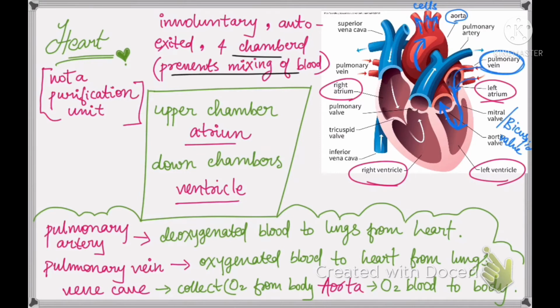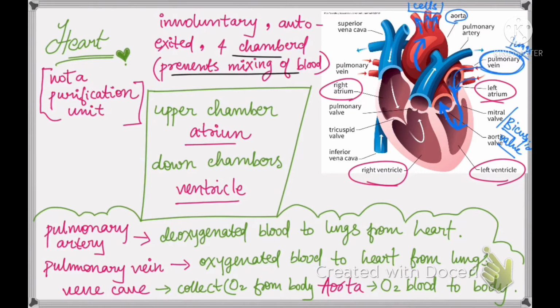Then when the left atrium contracts, the blood enters the left ventricle by the bicuspid valve, and when the left ventricle receives all the blood, it contracts and the blood is pushed into the aorta by another valve which is present here, and this aorta goes further. It divides into arteries, arterioles and capillaries and small blood vessels which go and give blood to every part of the cells in our body.